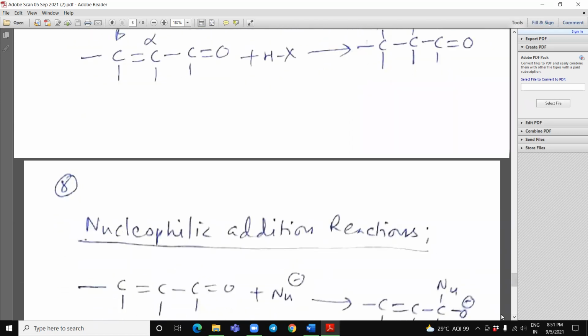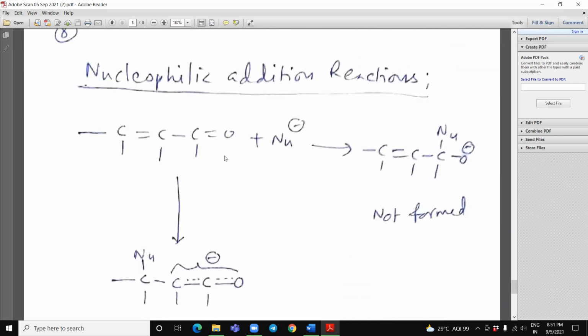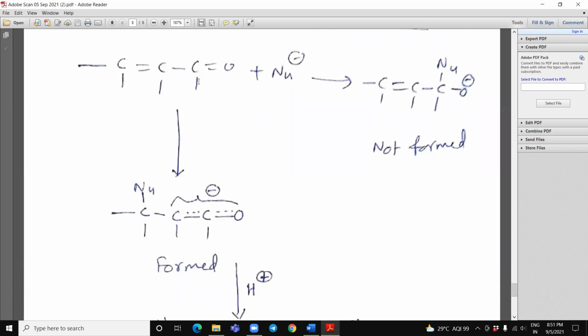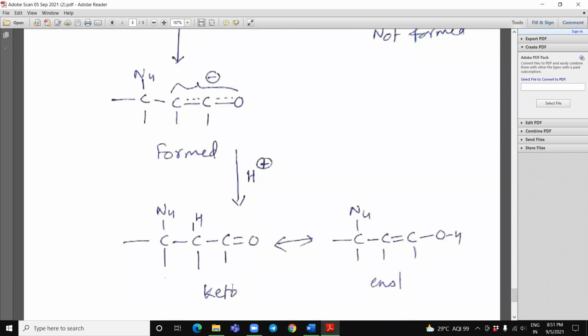Nucleophilic addition reaction. How is the nucleophile added here? If the nucleophile is added here, it is not formed or it is unstable. When it is added to the beta carbon, it will form the intermediate, and on protonation, it will give the keto-enol form.